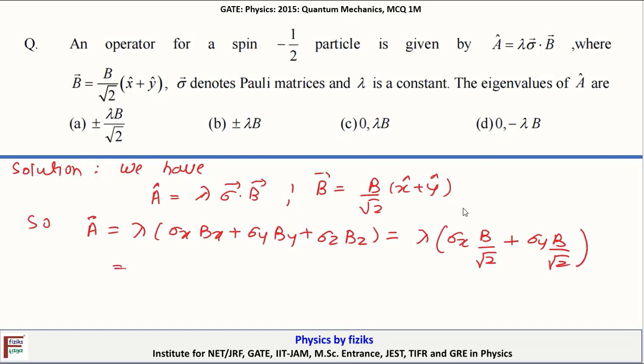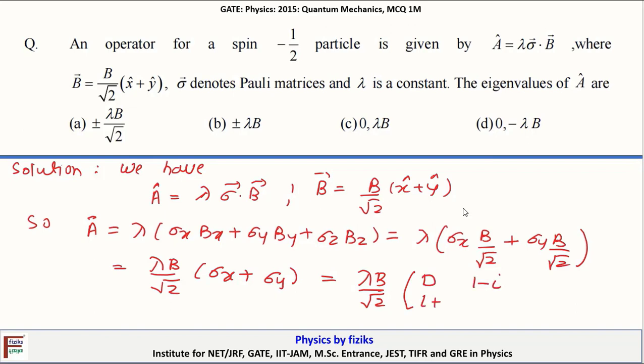That is, lambda B by root 2 (sigma x plus sigma y). This can be written as lambda B by root 2 times the matrix [0, 1 minus i; 1 plus i, 0].